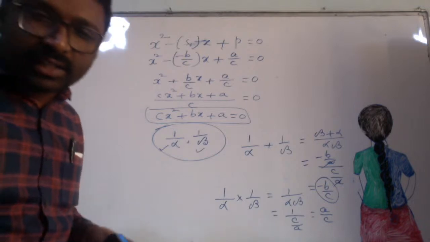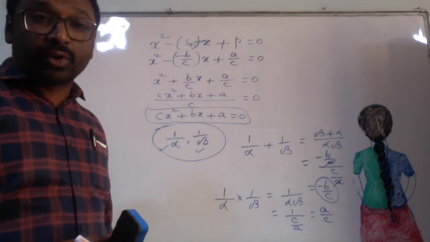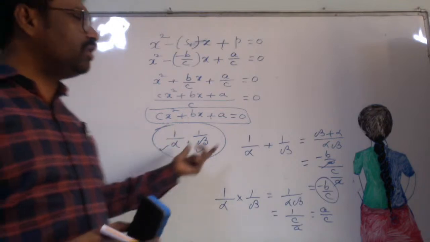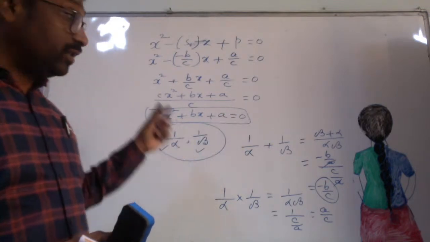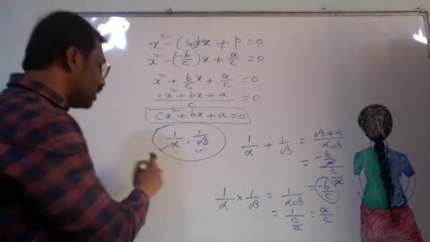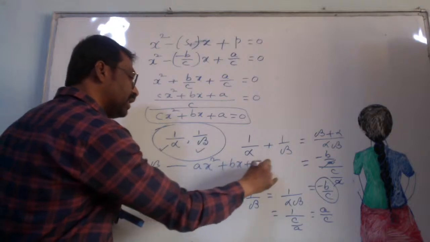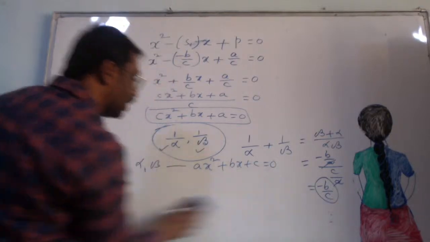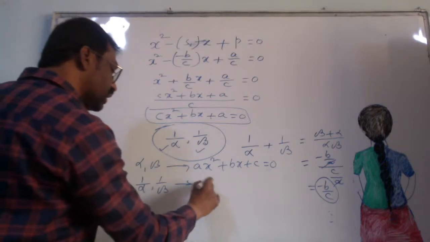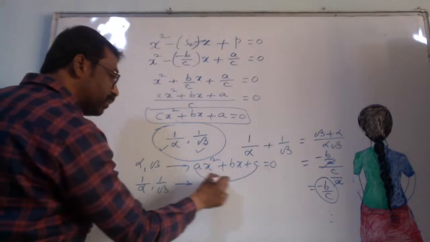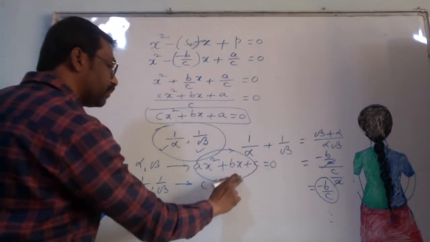That means it is a reciprocal equation of the quadratic equation. This equation is called the reciprocal equation. Generally you do this, but you have not been told about this point. So just keep in mind, when alpha, beta are the roots of the quadratic equation ax square plus bx plus c equal to 0, then the quadratic equation whose roots are 1 by alpha and 1 by beta is, see, c and a places are interchanged. A's place goes to c, c's place goes to a.